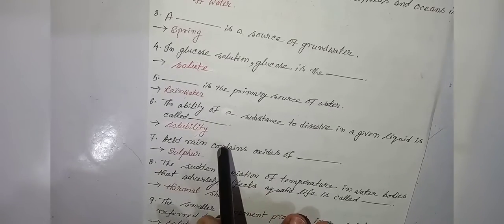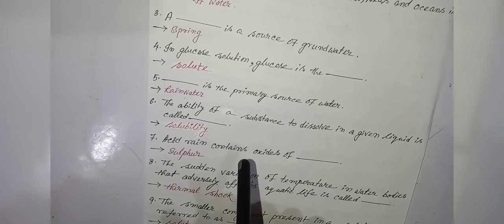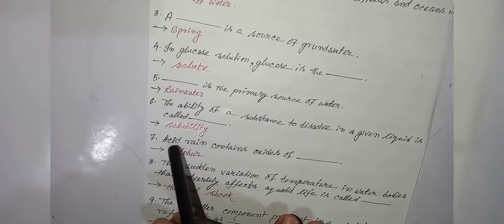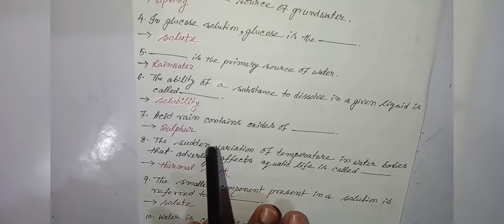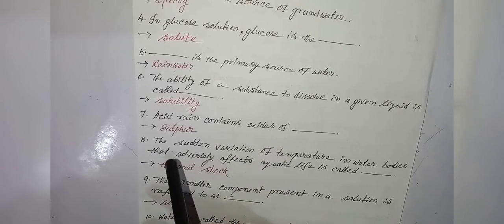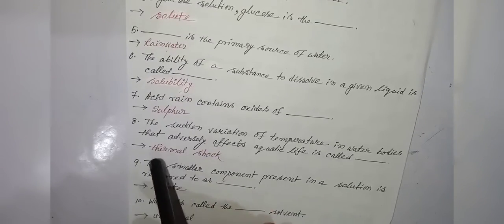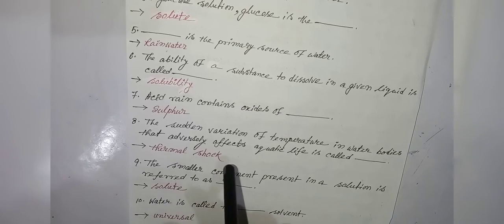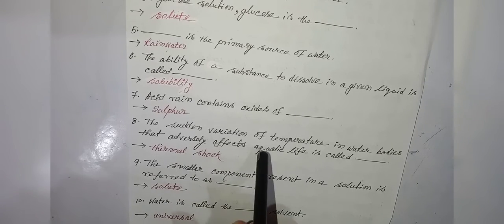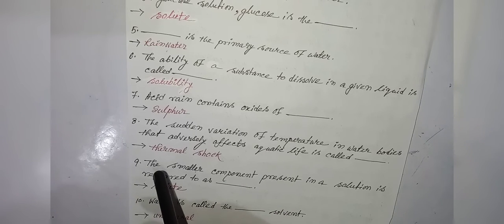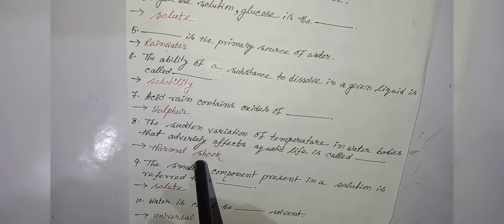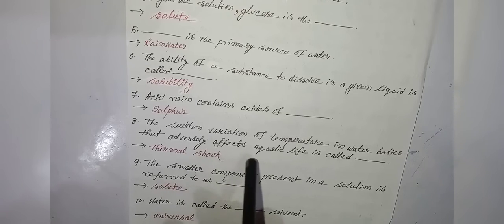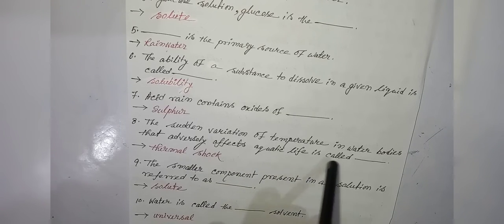The ability of a substance to dissolve in a given liquid is called solubility. Acid rain contains oxides of sulfur. The sudden variation of temperature in water bodies that adversely affects aquatic life is called thermal shock.